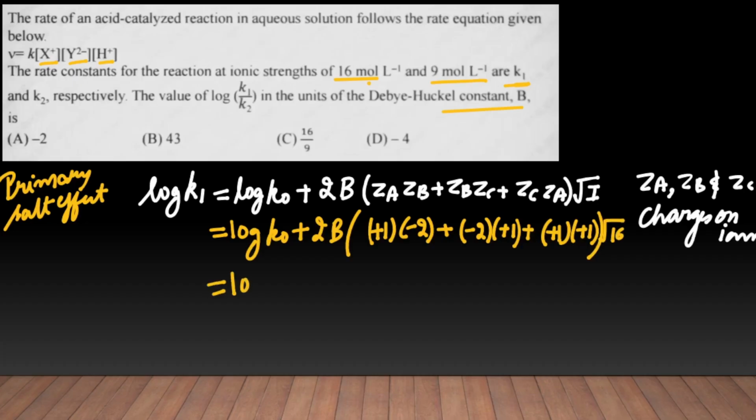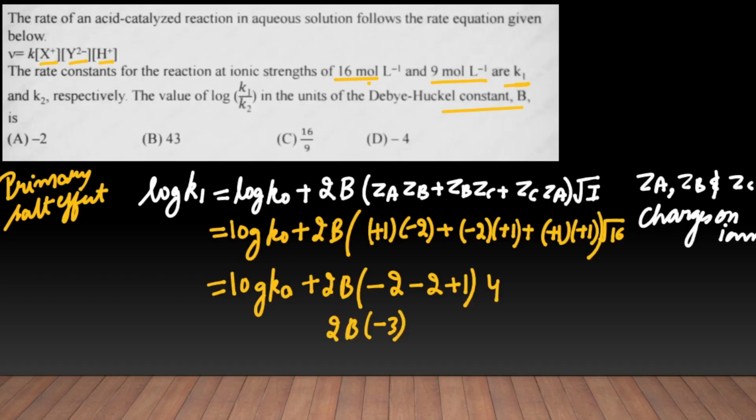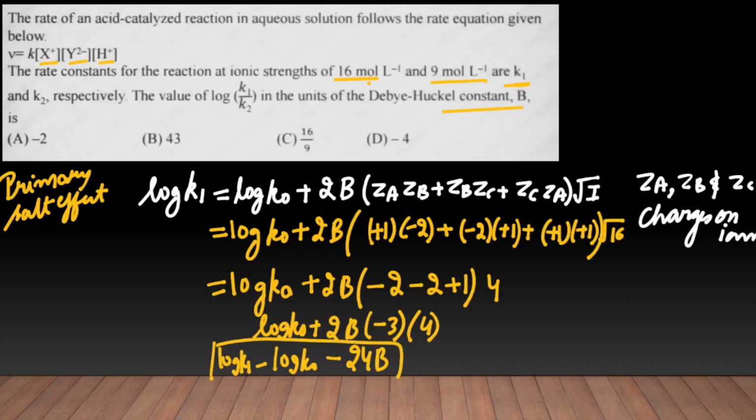This becomes log of K0 plus 2b times minus 2 plus 1 into 4, so this becomes 2b into minus 3 into 4, that is minus 24b, and log of K0 is as it is. So this is the value of log of K1.